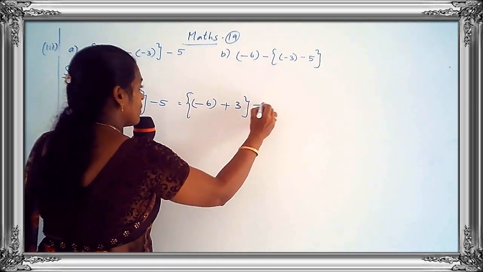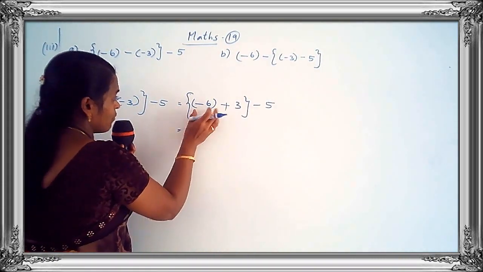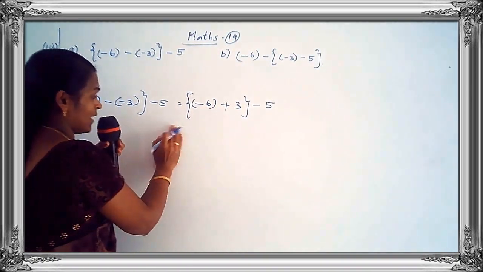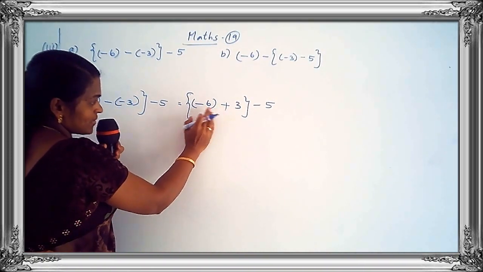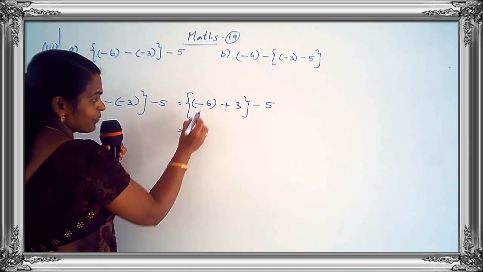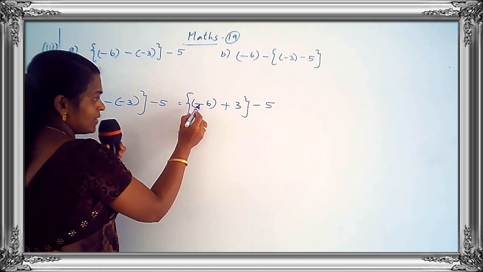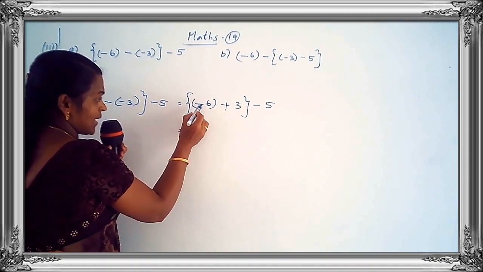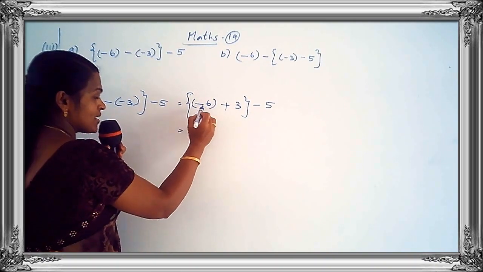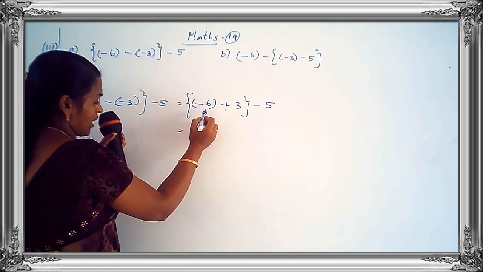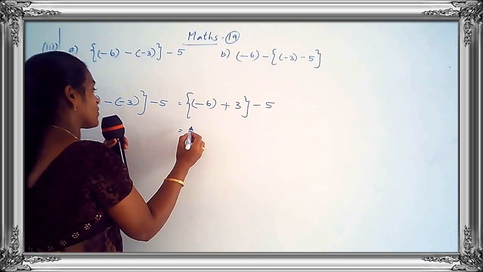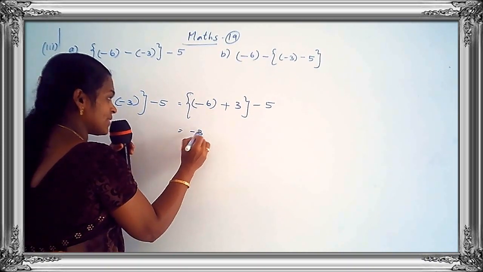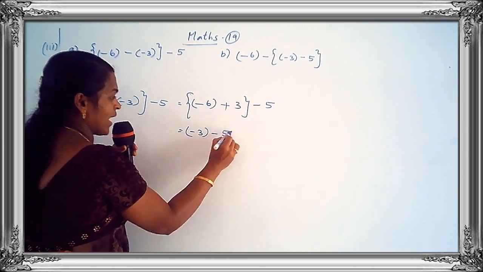Okay, children, minus 5. So now you find minus 6 plus 3. How much is your answer? Minus 6 plus 3? Minus 3. Yes, children, here one is positive, one is negative. So find the difference and put the greater value sign. Okay, so minus 6 plus 3 is equal to minus 3, then minus 5.